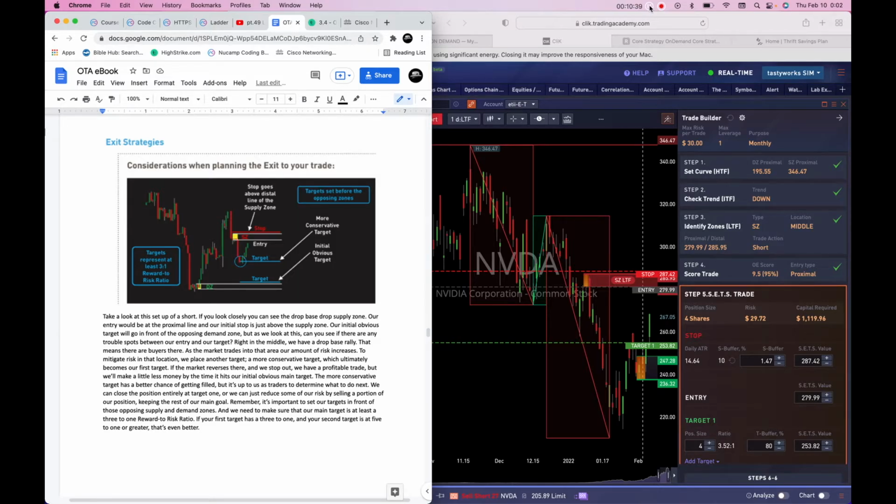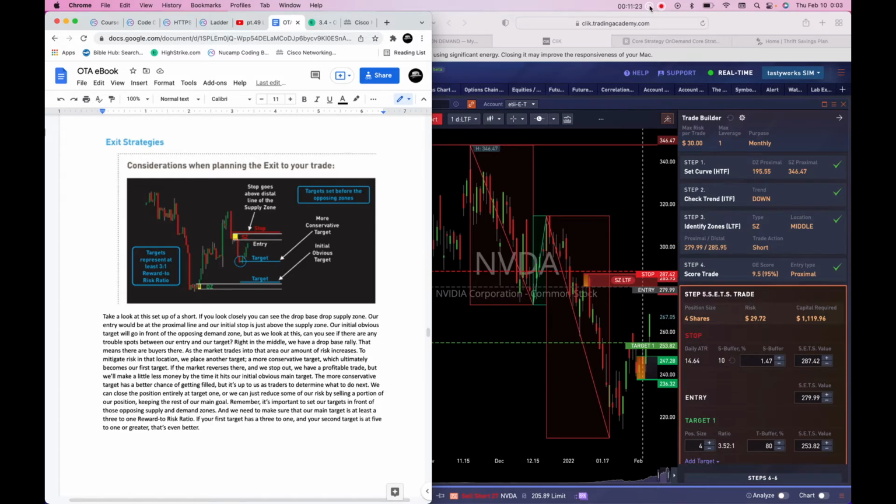So in order to mitigate that risk within that particular location, we would basically set another target. And we would refer to it as a more conservative target, which ultimately ends up becoming our first target. If the market reverses in that area, we can stop out. And in that case, we have a profitable trade, but we'll make a little less money than we would have made if it were to hit our initial obvious target.